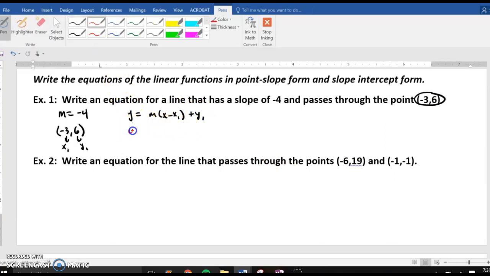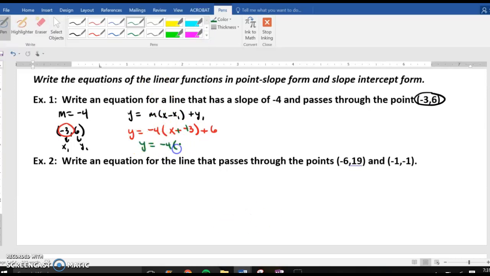So y equals, my slope is -4, times x minus x1, which is -3, all plus y1, which is 6. When I subtract a negative, that becomes a positive inside.